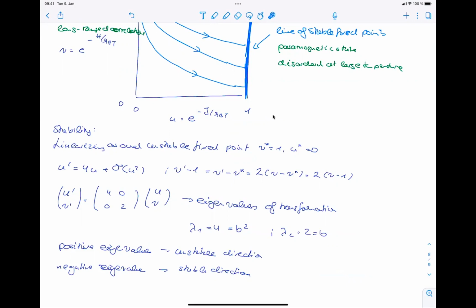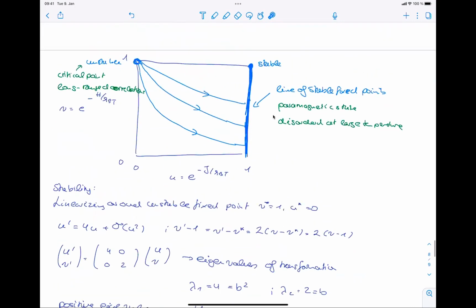So these are two examples to illustrate the idea of the renormalization group. And so what we do, due to this consecutive coarse graining, which drives us away from criticality, is determine these dynamics in the space of behavior.